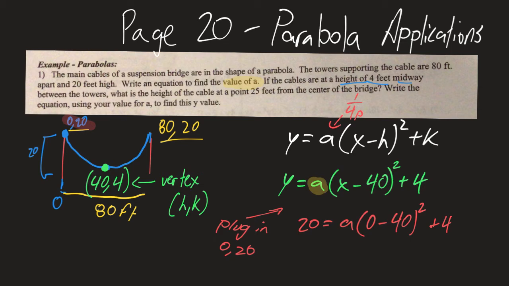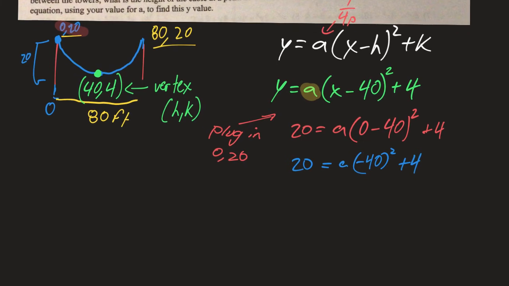So now let's solve this and figure out our a value so we can get our final equation. So 0 minus 40, negative 40 squared plus 4 equals 20. Let's go ahead and square this out. So we've got 1600a plus 4 equals 20.